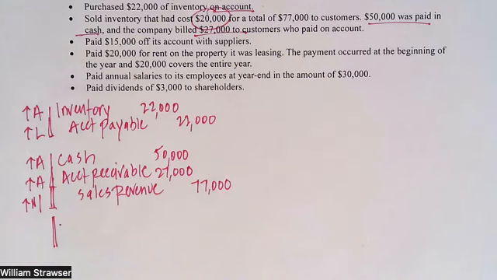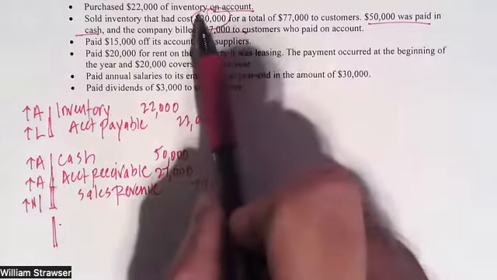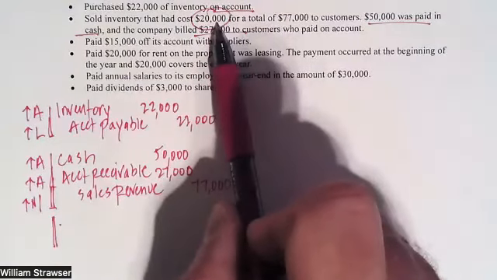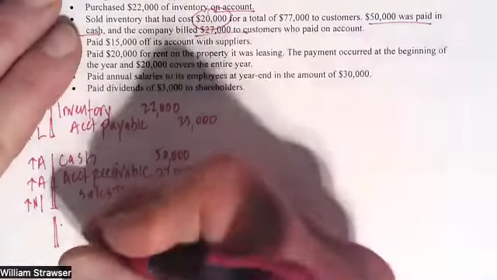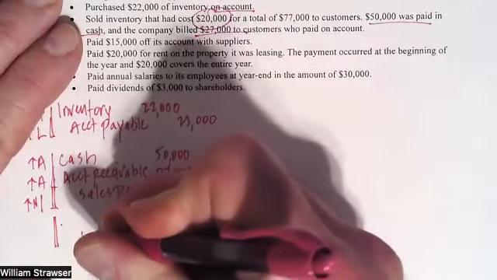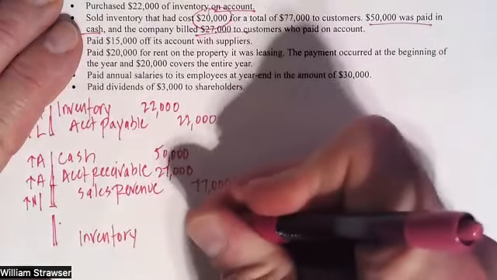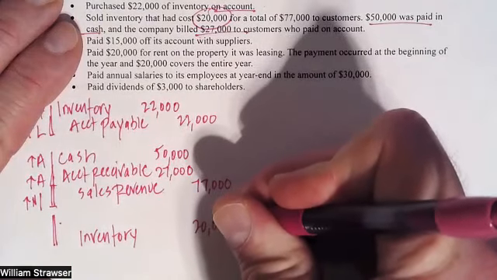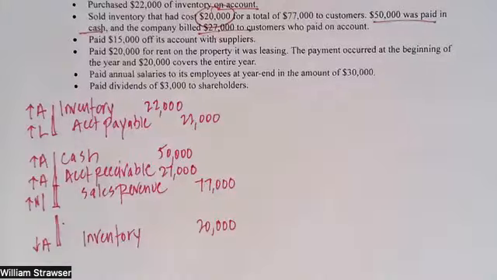Now, remember, you wouldn't credit inventory for 77,000 because we record inventory at the cost that we paid for it. So when I gave up that inventory, I had it on my books for $20,000. So it's no longer there. It's being sold to customers, and I have to credit that asset.